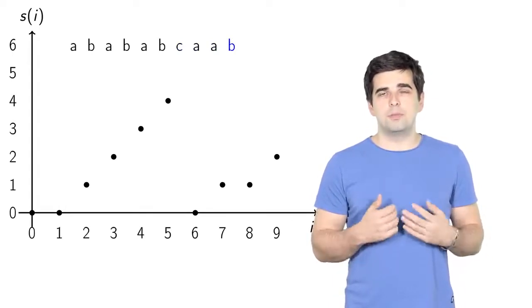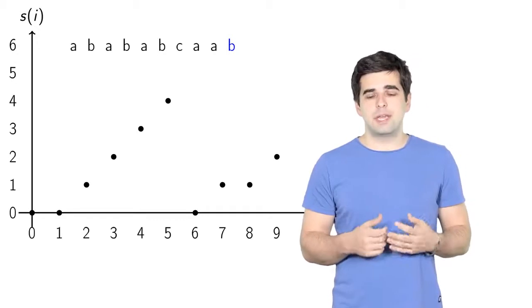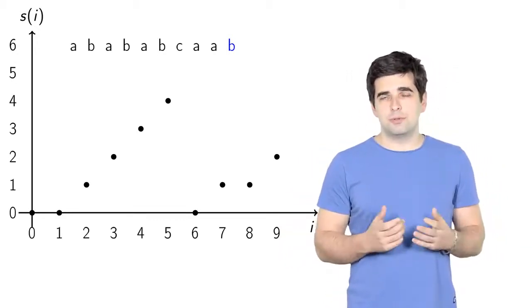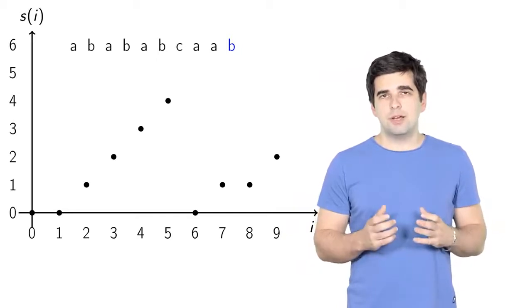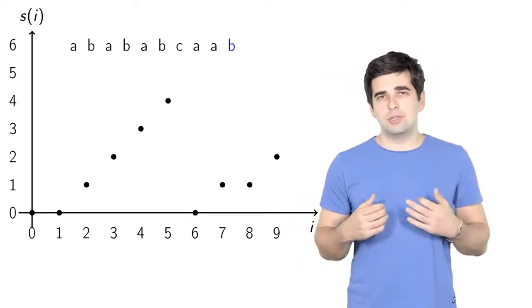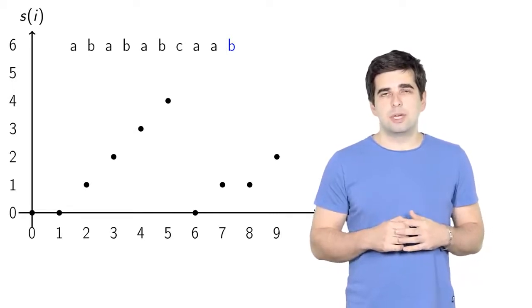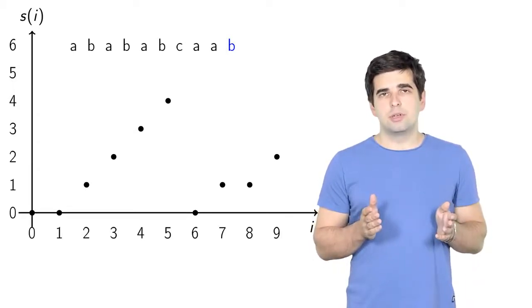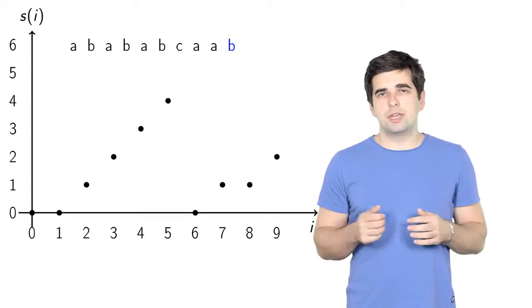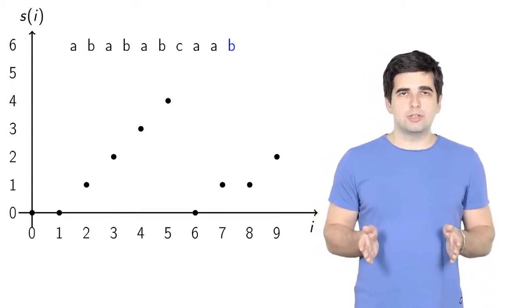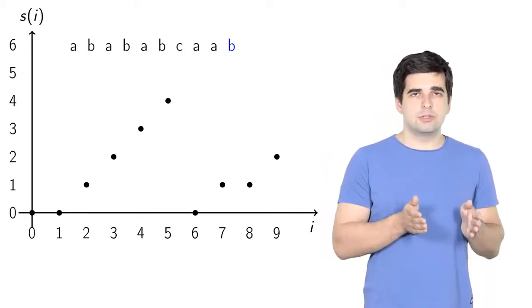And our variable border in the code behaves the same way. It can be increased by at most 1 on each for loop iteration, but after each successful iteration of the inner while loop, it gets decreased by at least 1, because we consider the current border, we look at the next character, and if it's different from the character in position I, we take the longest border of our current border, which is strictly shorter.